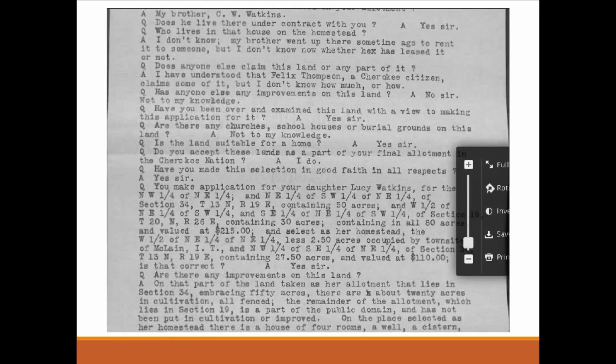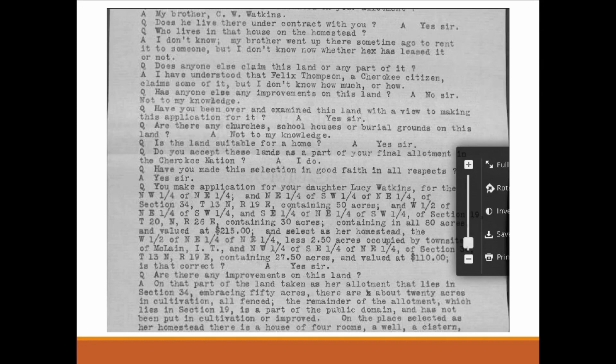They ask him if he names his brother. And he gives a complete legal description of the property, and he tells what the value is.